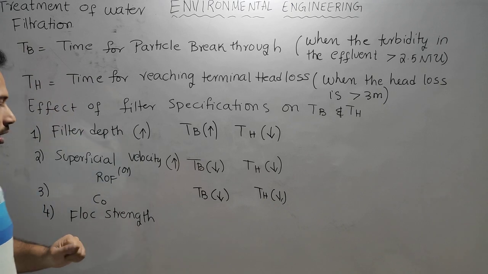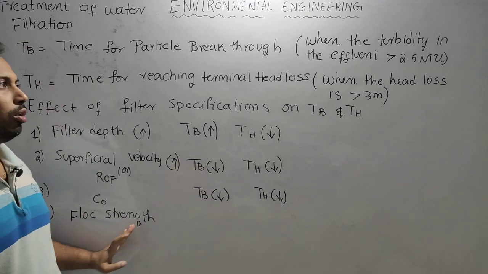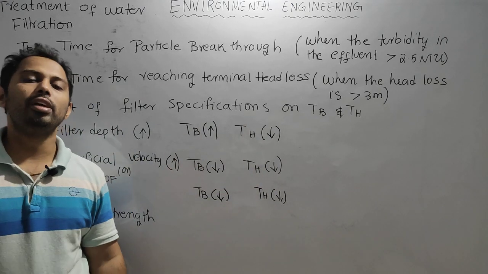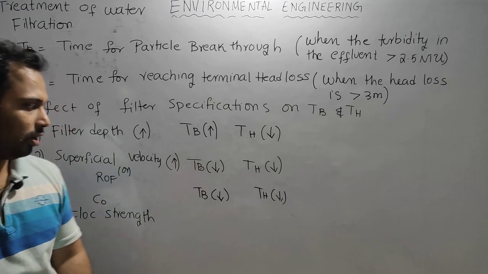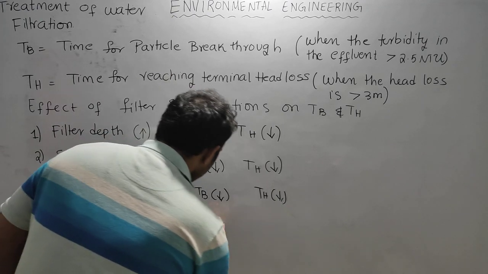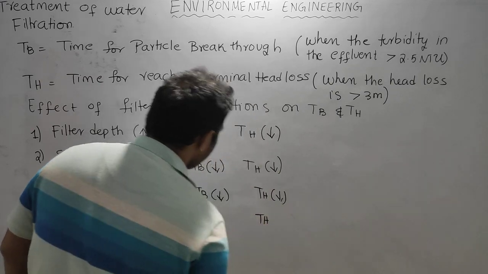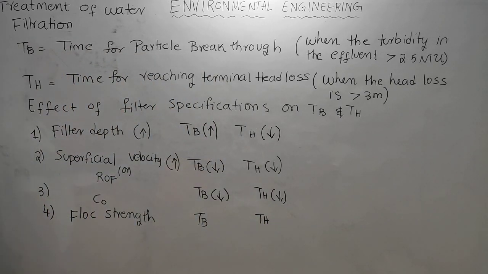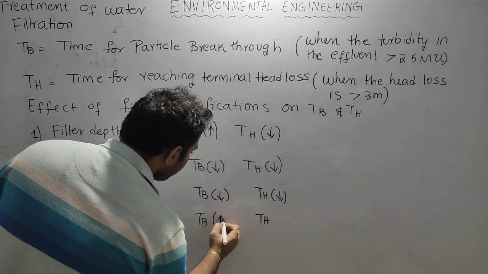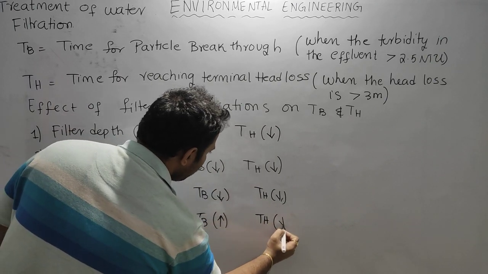That unsettled flock will now enter the filter. So what happens to TB and what happens to TH? Obviously TB will increase because of the flock, and TH decreases.